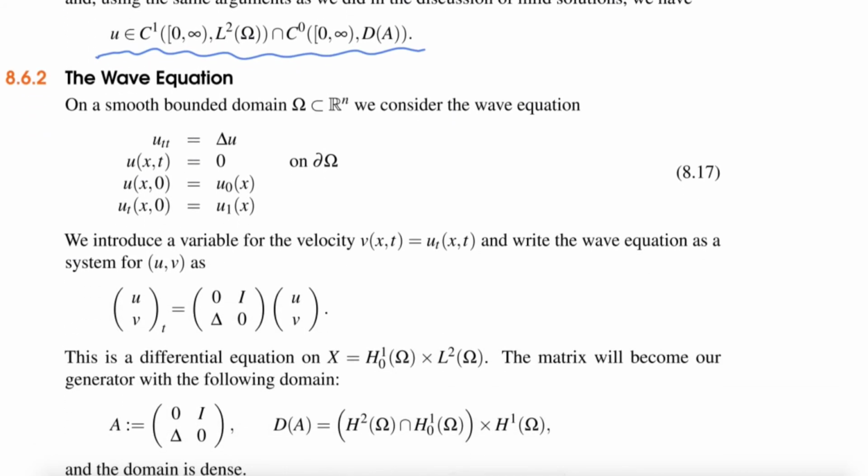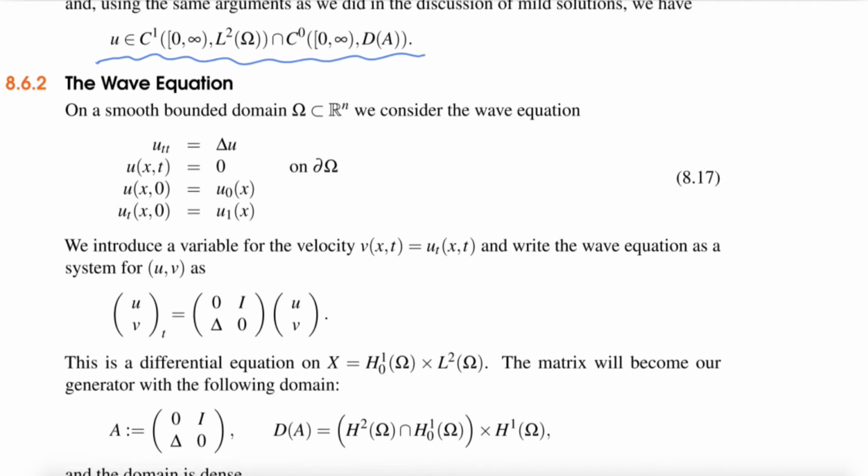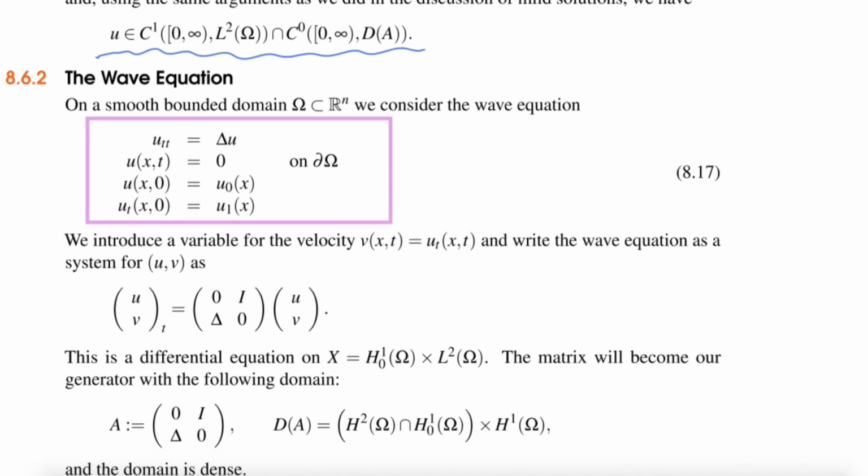Let's move to the wave equation. An example of a wave equation is right here. And now this has 2 time derivatives. u_tt is Laplace u. We have one boundary condition, which I again assume to be Dirichlet, so equal to 0 on the boundary of Omega. And then we have 2 initial conditions, one for u0 and one for the velocity, which I call u1. To tackle this problem with semigroup theory, we introduce a new variable for the velocity, which I call v.